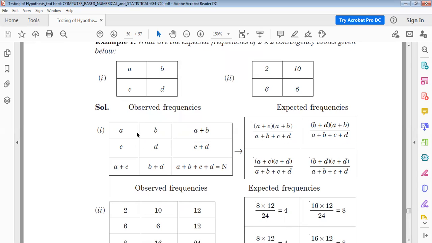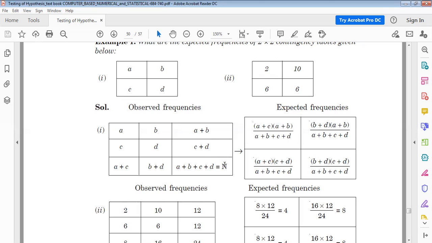Here the total of the first row is A plus B, the total of the second row is C plus D, the total of the first column is A plus C, and the total of the second column is B plus D. Remember it. Now the grand total is capital N. Understand? Capital N is found by adding the totals of the rows or the columns, anyone you can add, then we get the total number of frequencies.